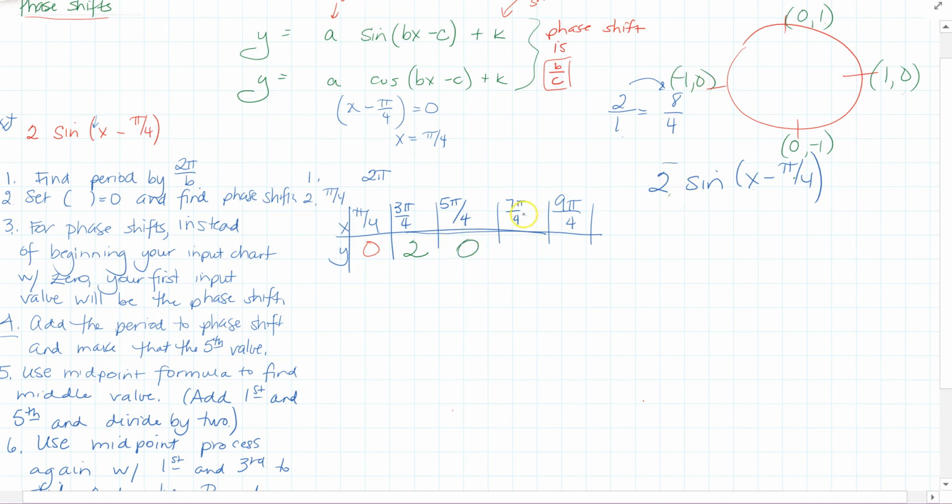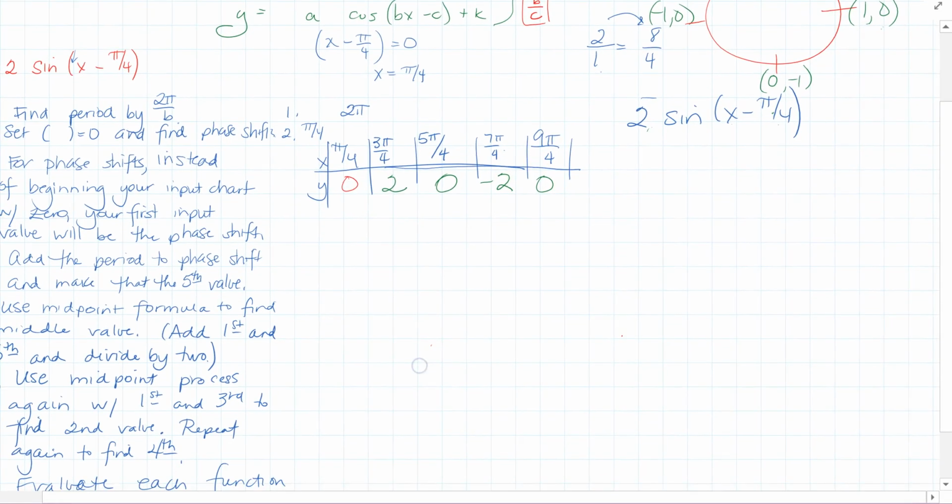And now 7 pi over 4 minus pi over 4 lands you down here because it's 6 pi over 4, which is 3 pi over 2. So you're down here where the sine is -1, times 2 is -2. And now finally 9 pi over 4 minus pi over 4 gives you 8 pi over 4, which is 2 pi. You're right here, the sine is 0. And there you go. And that's how you do a phase shift.